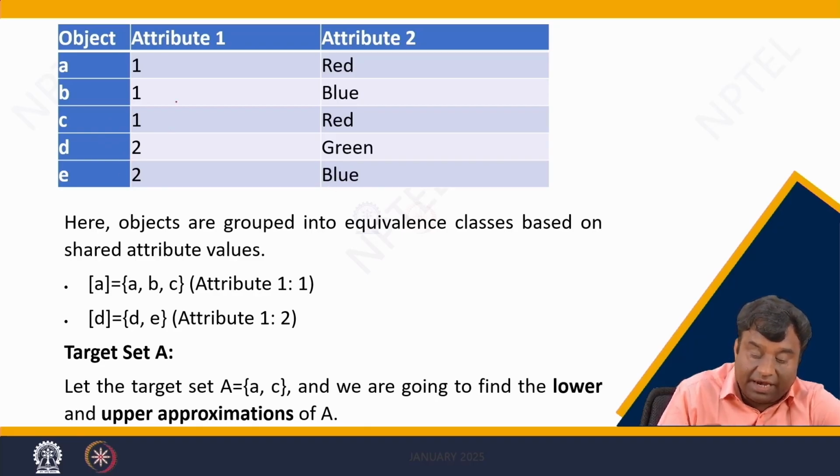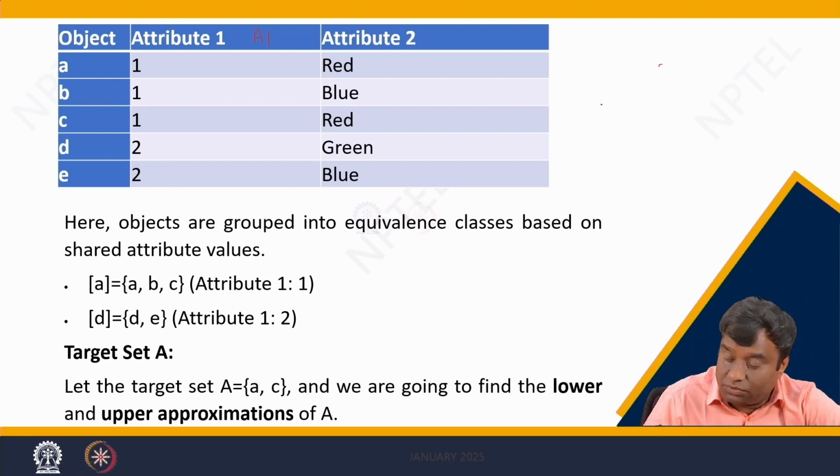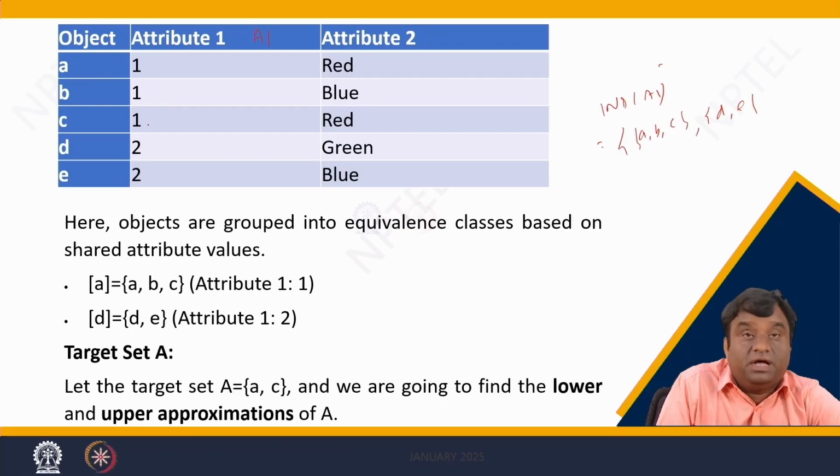So if I write the indiscernibility relation for attribute 1, I am writing it A1. That is basically {A, B, C} and {D, E}, because here everything is 1, 1, 1, so these are indistinguishable.